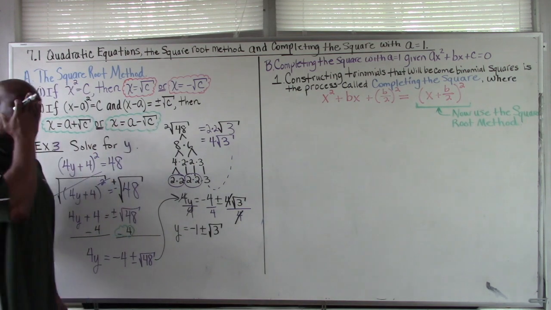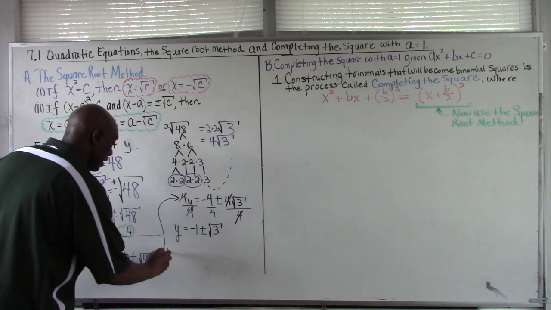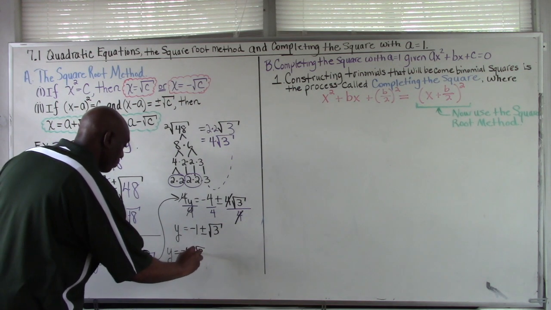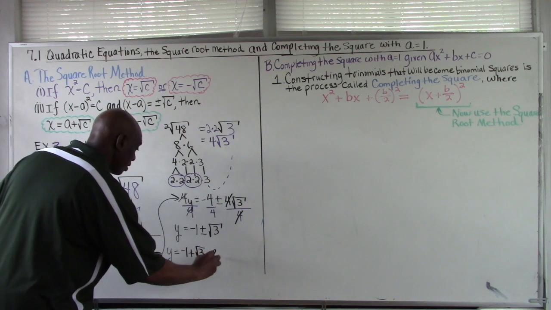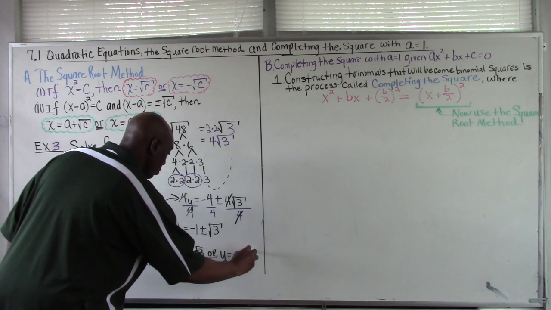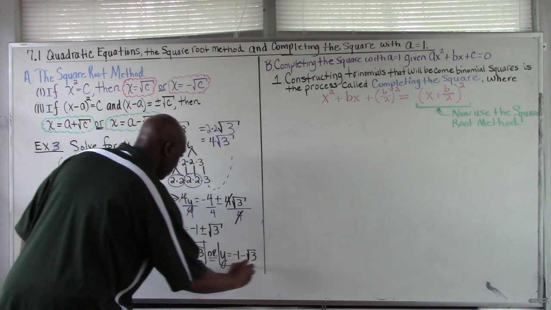And there you go, now it's simplified. So we have y equaling negative 1 plus the square root of 3, or y equaling negative 1 minus the square root of 3. And those are your two possible solutions.